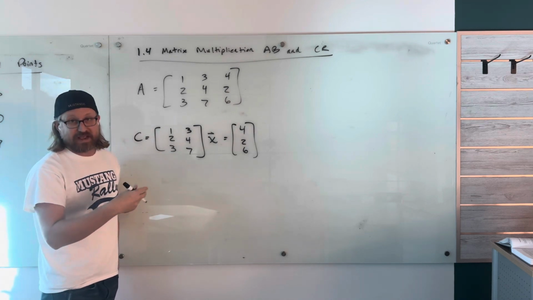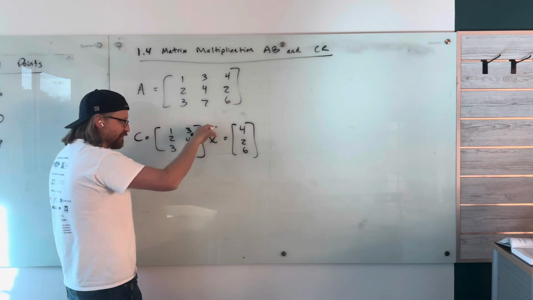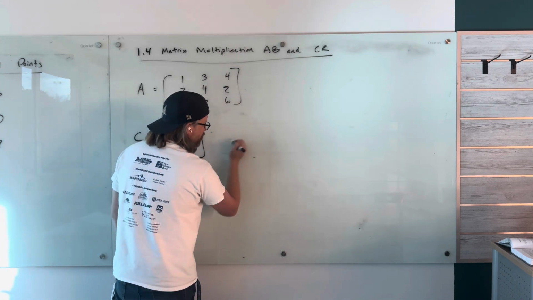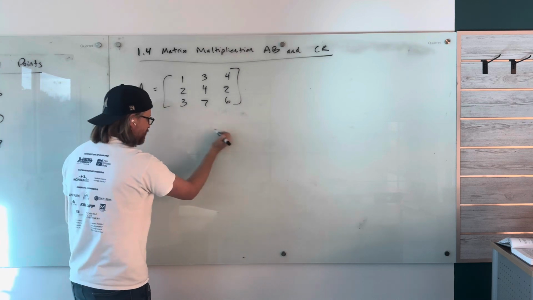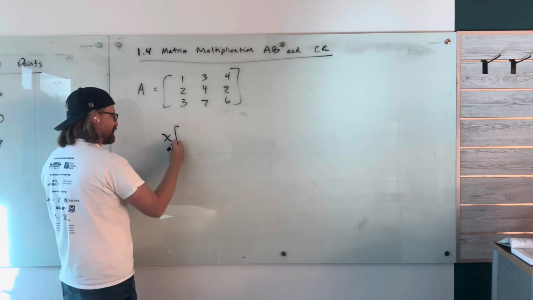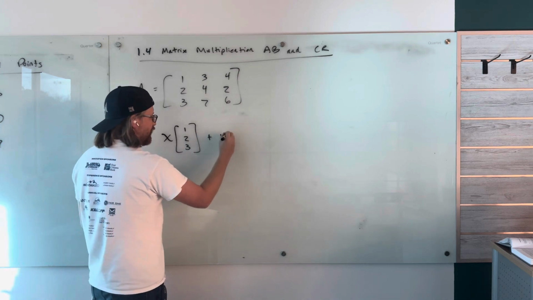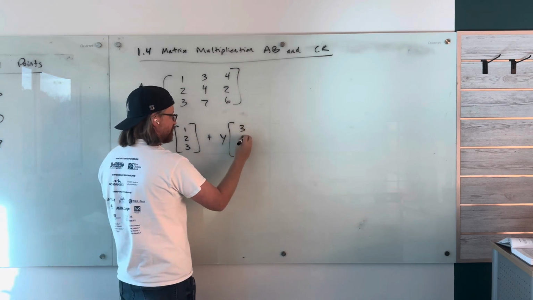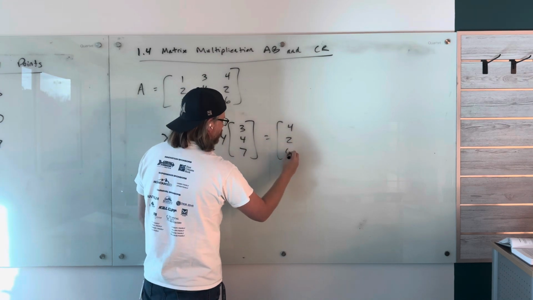Is it in the span, one of the words that we used earlier? The textbook simplifies this problem a little more, and I'll write it like this: x times the first column, 1, 2, 3, plus y times the second column, 3, 4, 7. Is it possible for this to be equal to 4, 2, 6?